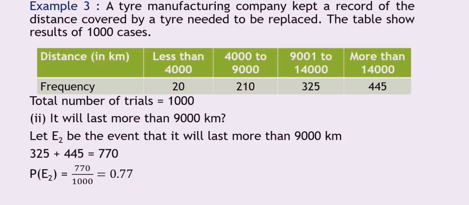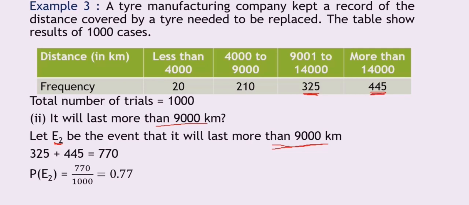Next case, it will last more than 9000 kilometers. I have called this event E2. E2 is the event that it will last more than 9000. Now, 9000 to 14,000 is more than 9000, and more than 14,000 is also more than 9000.